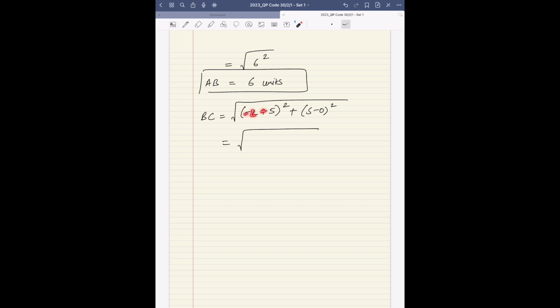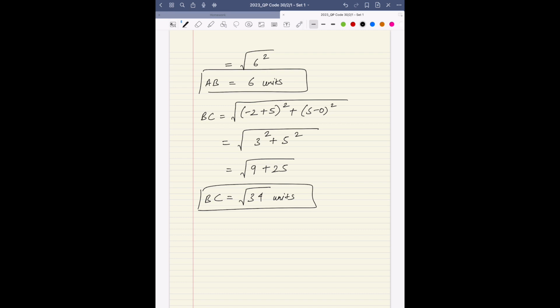So minus 2 plus 5. In short, 5 minus 2 gives you 3. So 3 square plus 5 square. 3 square is 9. 5 square is 25. So you get under root 34 units, right? You cannot factorize it because it will go into 2 into 17. Both are prime numbers, so let it be under root 34.